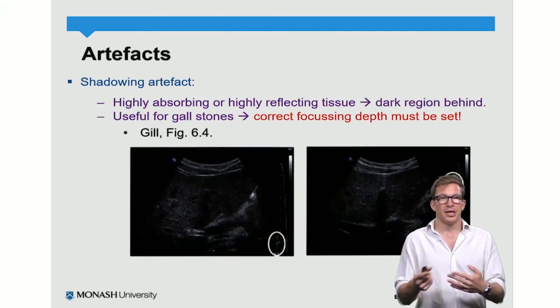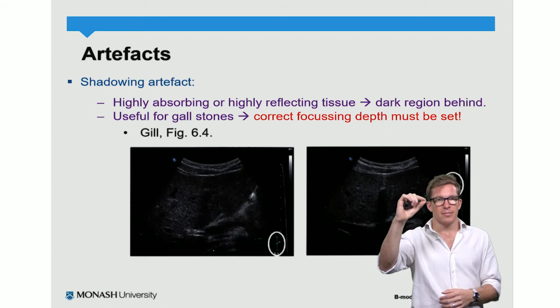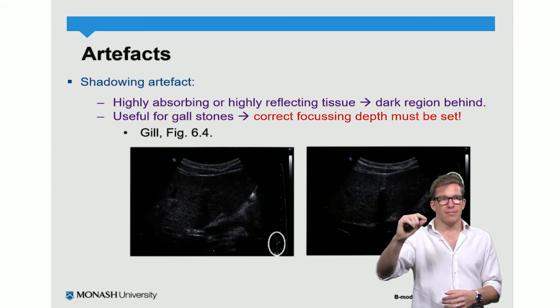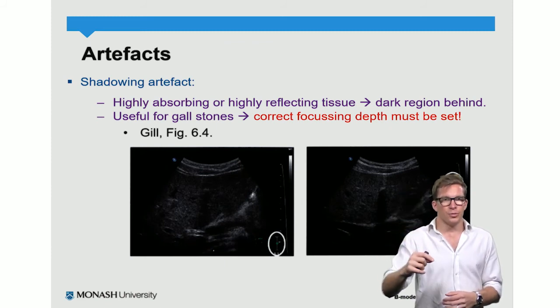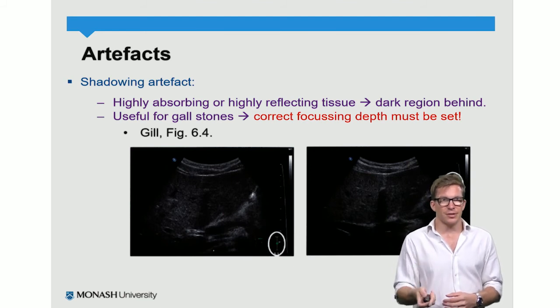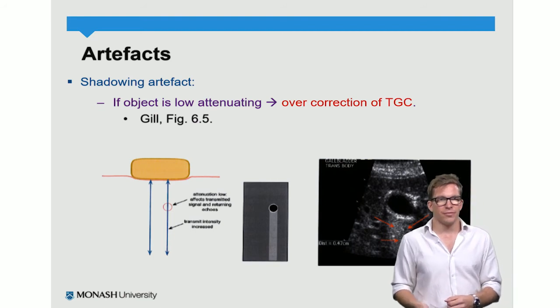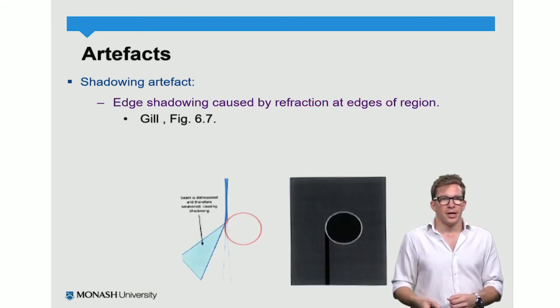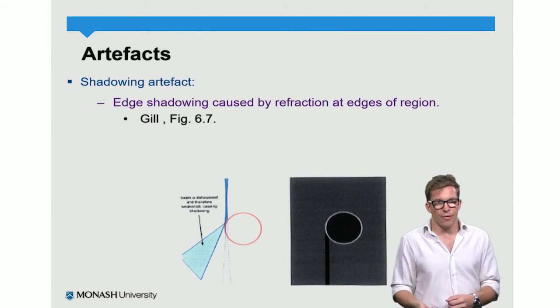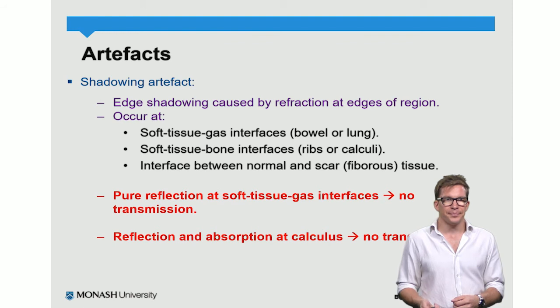So we can flip that argument around, and we can use movement of the focal depth position to gain an understanding of whether or not we're really seeing an artifact. So there are various different forms of shadowing artifacts. We can also get refraction at the edges of objects, which again changes direction.